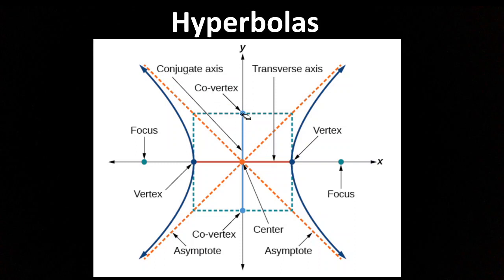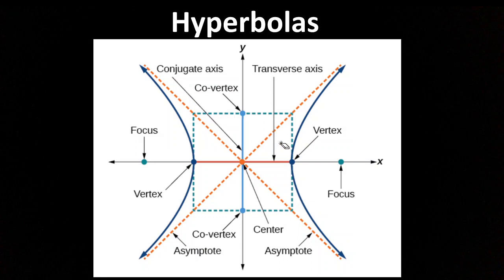And these points have also names just like ellipse. They're called covertices. So covertex and covertex. Now there are two lines that you can draw, and these two lines are actually the asymptotes of hyperbola. So hyperbola approaches these asymptotes as x goes to infinity or negative infinity.